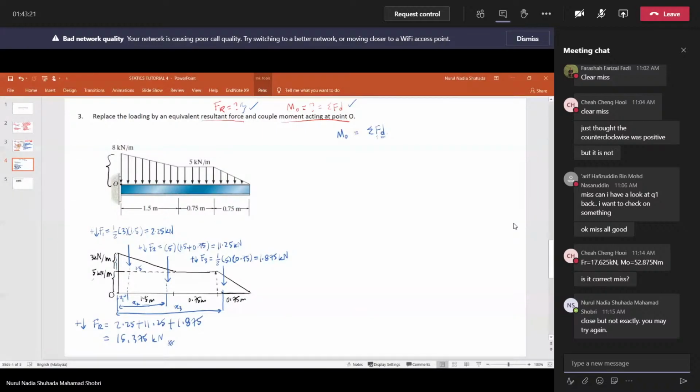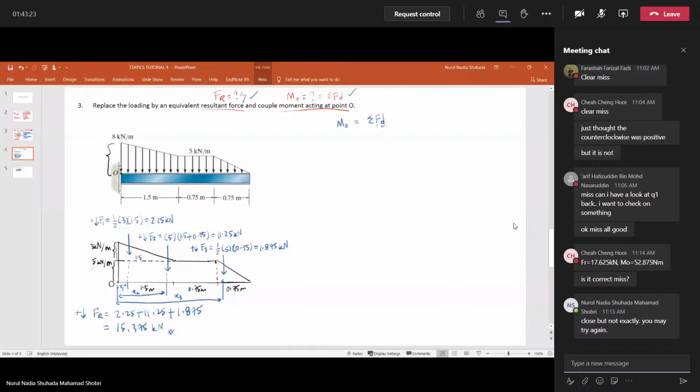So to find the distance, you guys can use the formula for the centroid. For x1 equal to 1 over 3 times 1 over 5. Because it's a triangle, 1 over 3 times 1 over 5 is the total distance of the area from here to here.